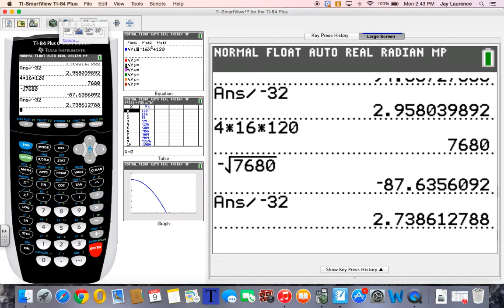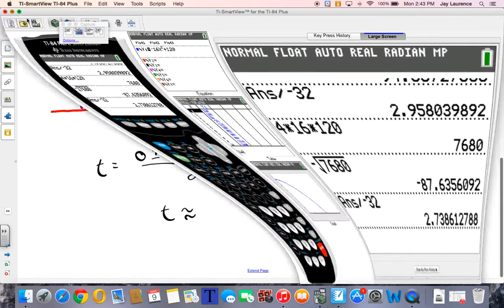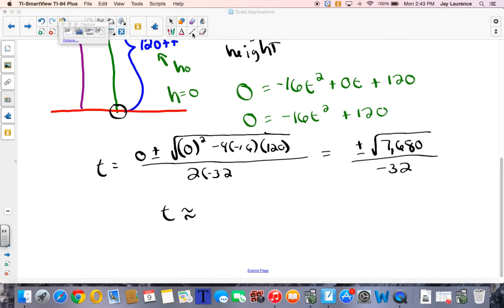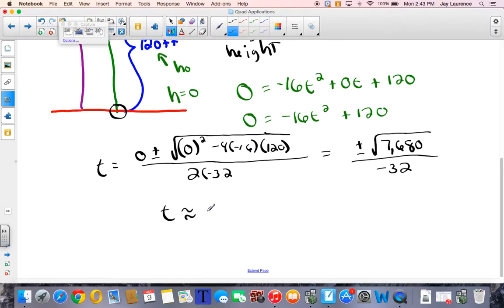And I get about 2.74 seconds. That's when it'll strike the ground.